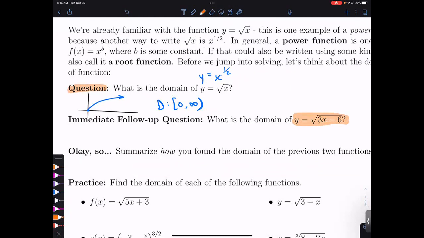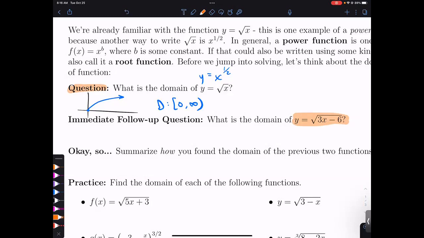So sort of squint at it, right? If you sort of squint at it, the biggest thing there, the outermost thing that's happening is the square root, right? Okay, so it's going to do square root kind of type things, right? Forget about the 3x minus 6 part. It's a square root. Well, how do square roots behave?